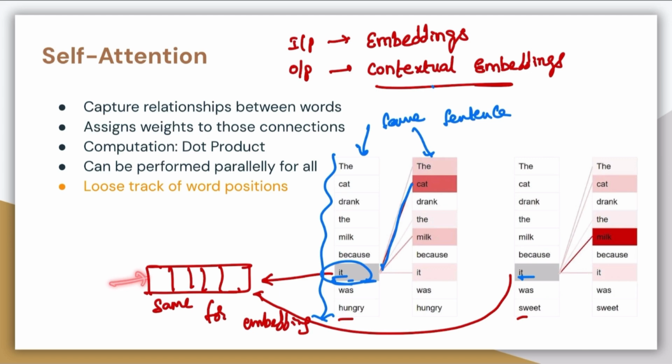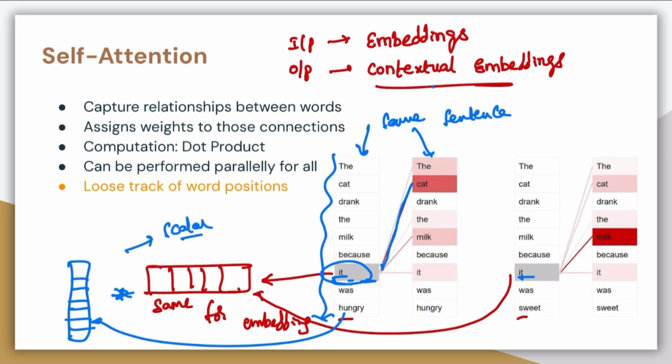Each word is represented by a vector, right? So you can perform the dot product of this vector with some other vector, maybe of "Hungary", and I will get a scalar, which is nothing but the weight of this connection.